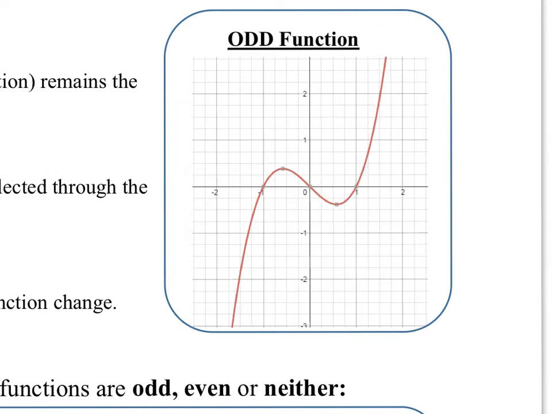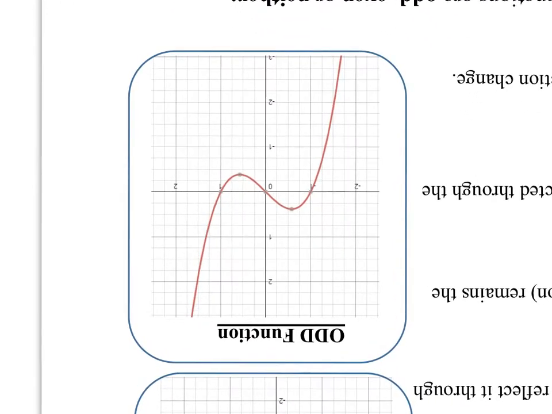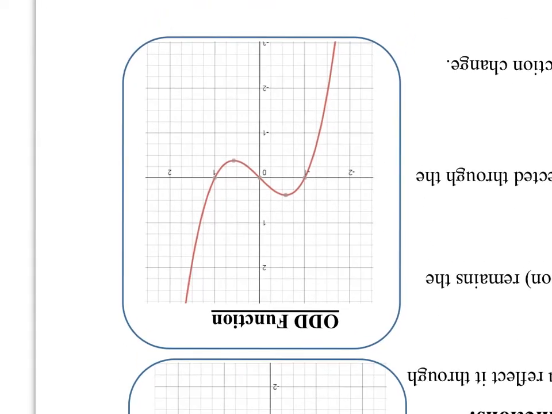If you then take it and flip it around, it looks exactly the same. You can do that with your paper, but that's what an odd function is. Just like with this one, if you start low, there it's exactly the same the other way.